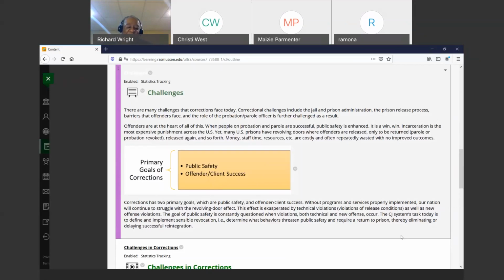So if we don't have any services or programs given, you're going to continue to see those same people. It's not an easy job. It's a very difficult job. And so, as it says here, technical violations, as well as new offense violations.